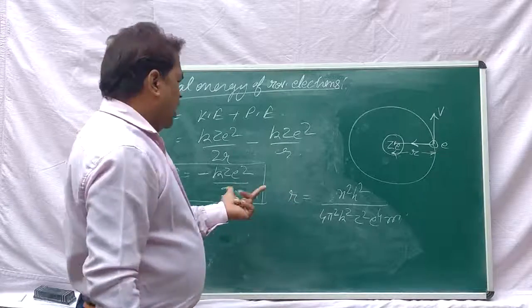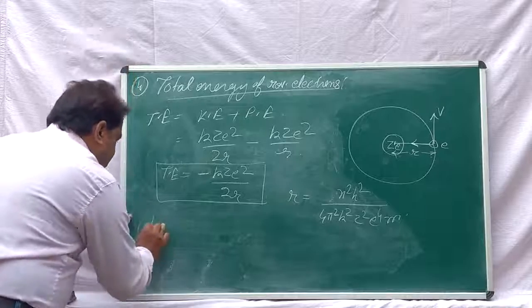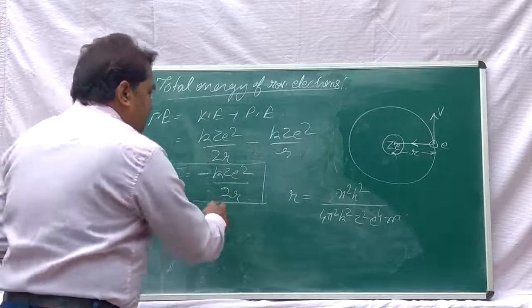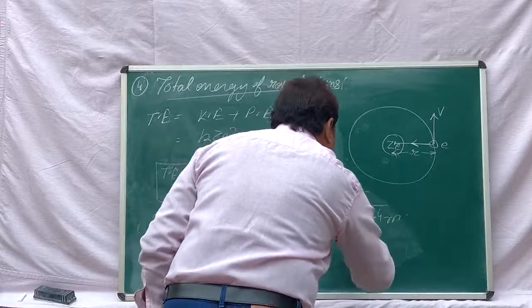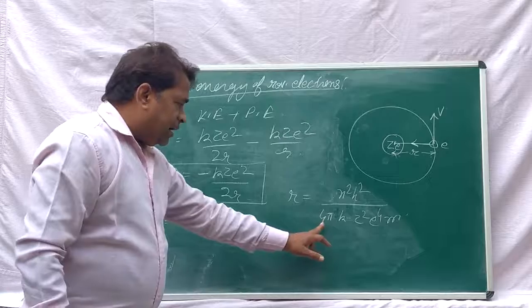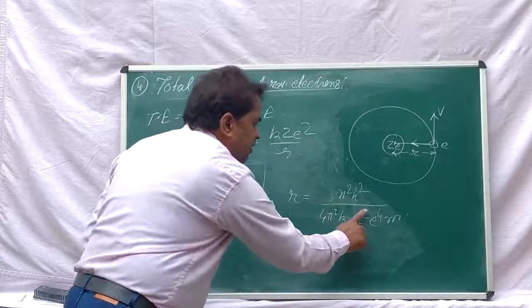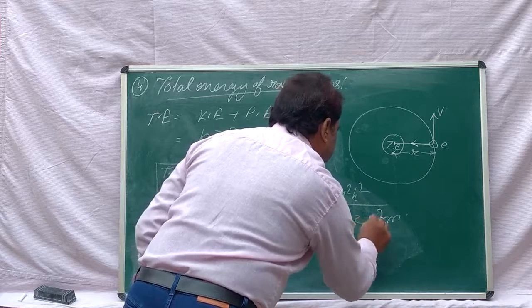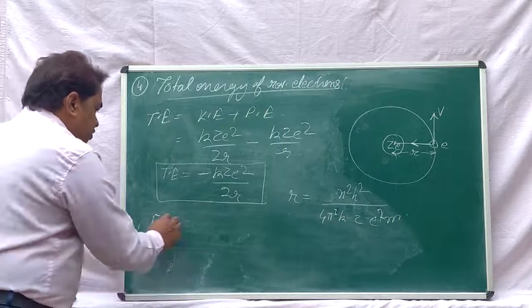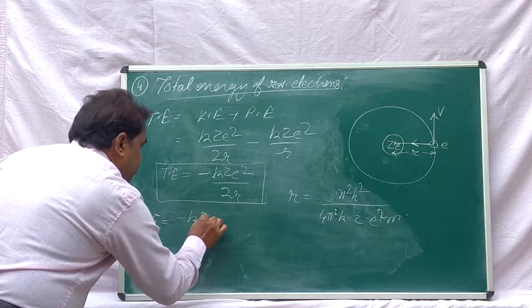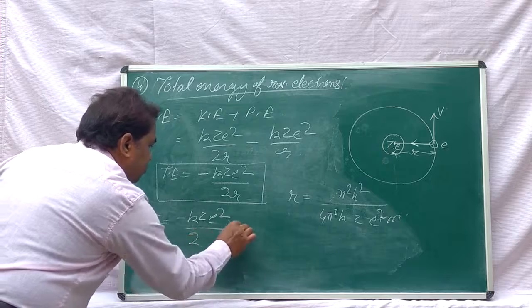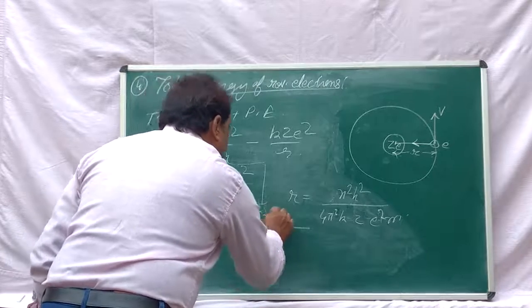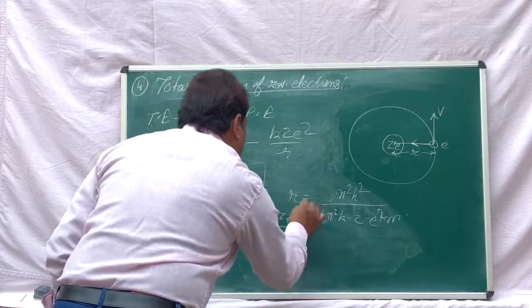Putting the value of r here, the total energy will become minus k Z e square upon 2 into n square h square upon 4 pi square k Z e square m.